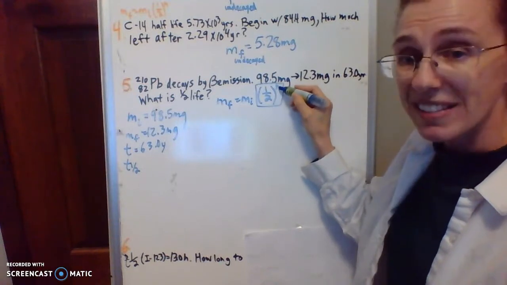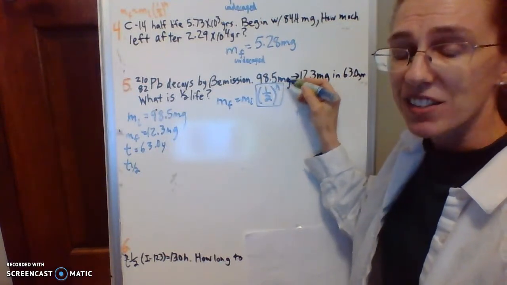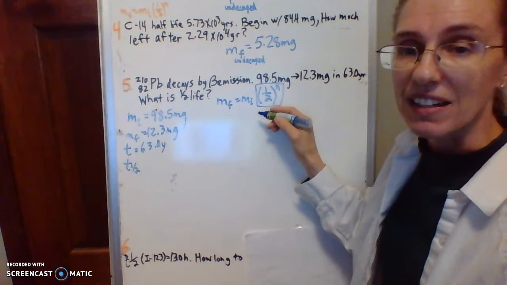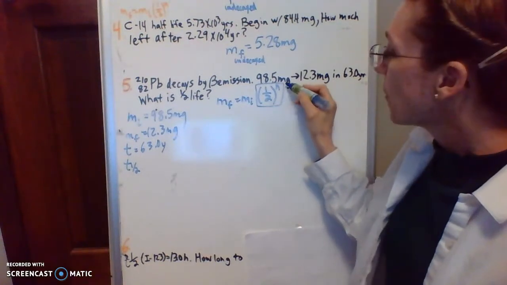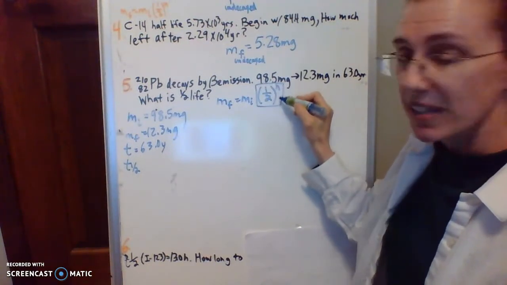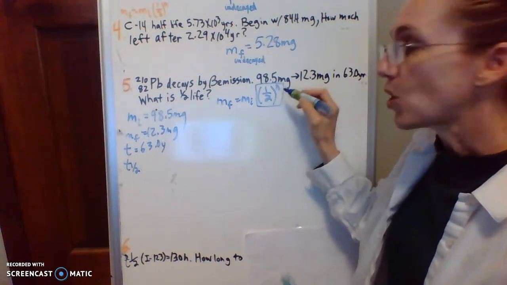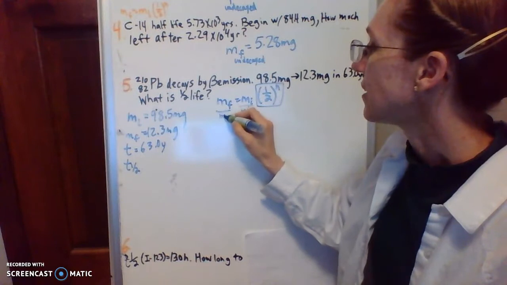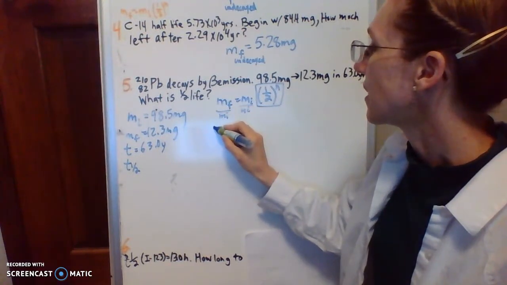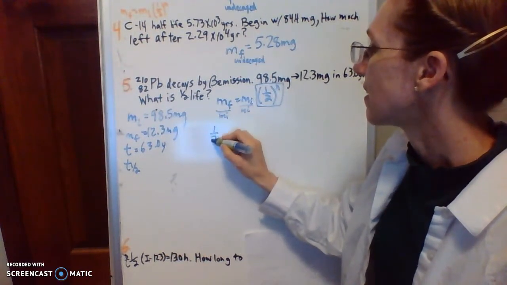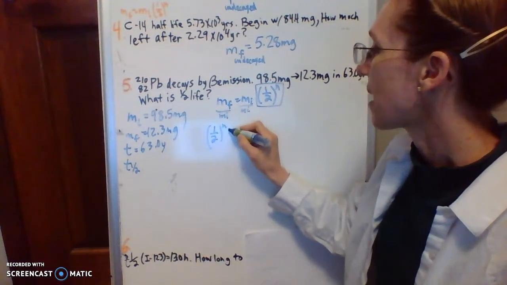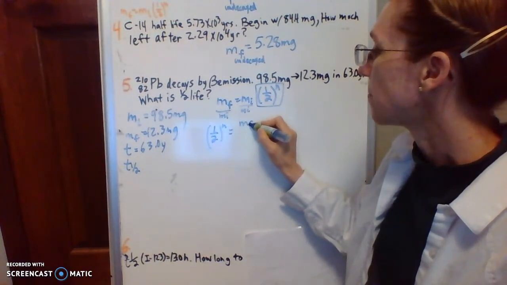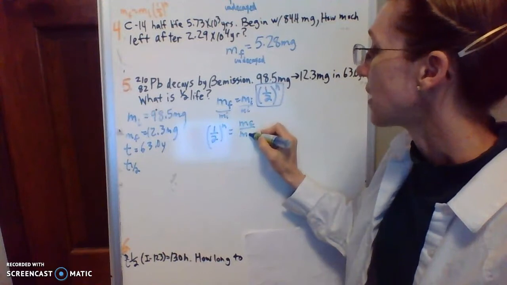Remember, it's raised to the power of n, so we can't just multiply and divide to isolate n. But we can get the term that has the n in it alone on one side. So we're going to divide both sides by m initial, and we're going to get the fact that 1/2 to the nth power is going to equal our m final divided by m initial.